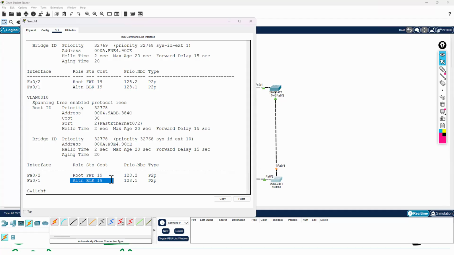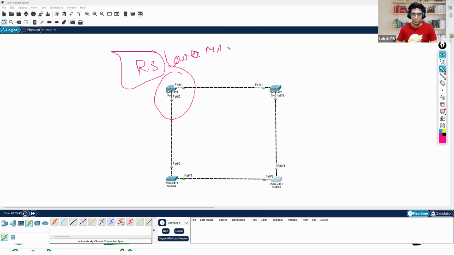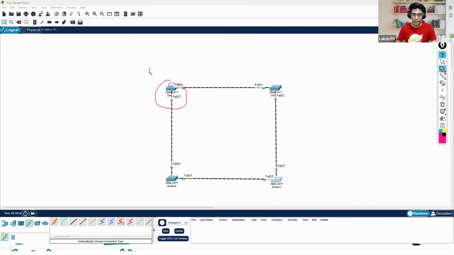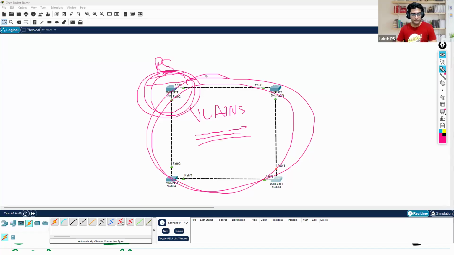This is the default behavior, because by default this switch has become the root switch since it has the lowest MAC of all these four switches. So no matter how many VLANs you introduce in this network, this switch will still be the root switch for that VLAN.